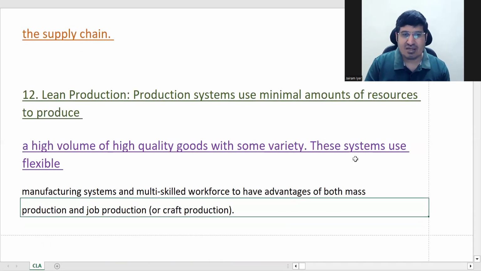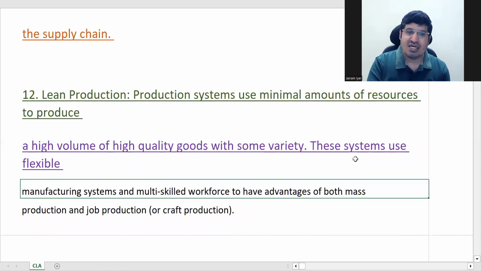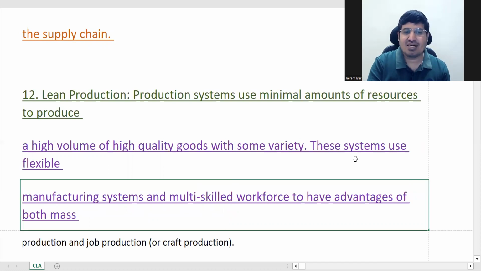They're flexible. They need a multi-skilled workforce. Why do they require a multi-skilled workforce? Because they are manufacturing too many things. Normal workers will not be capable of handling it, right? You need workers who have many skills, workers who can manufacture many different kinds of products.